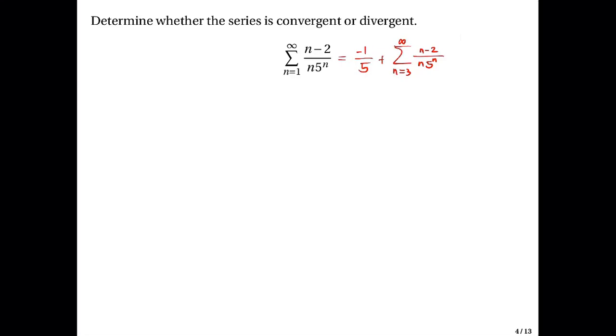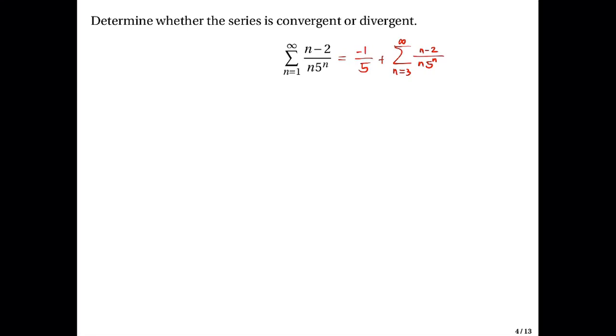And what do we do? Well, you can have 1 over n. You can also have 1 over 5 to the n. Notice if you separate the two parts here, n minus 2, one of the two series will be automatically convergent.